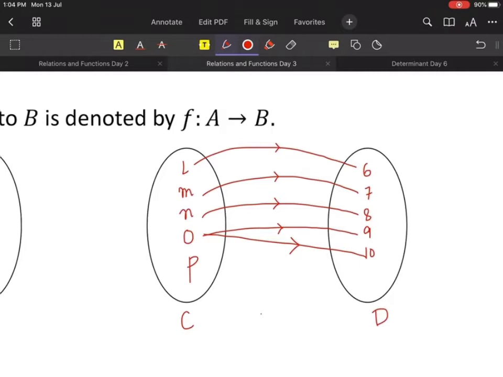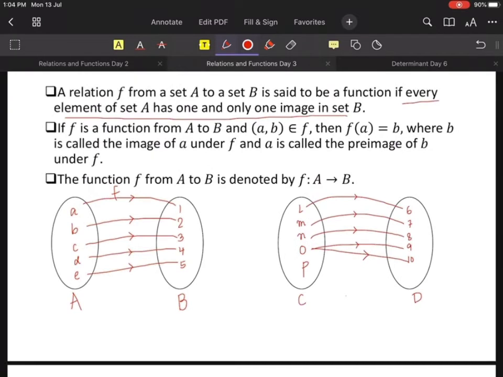But there is another condition for this one to be not a function. One condition is O has 2 images. Another condition is what? P has no image. Very good. P has no image. Understood? Clear? So these two conditions make this one not a function and this one a function.